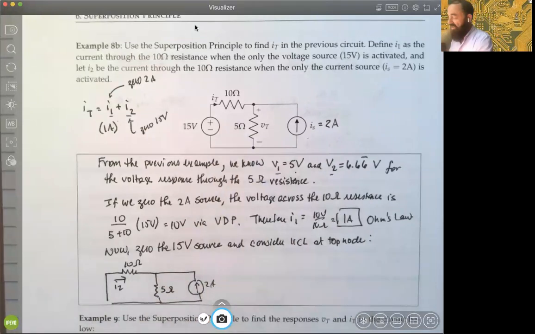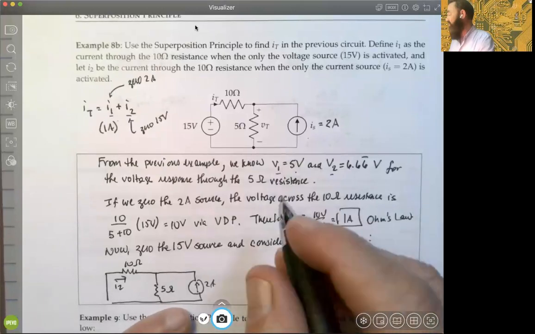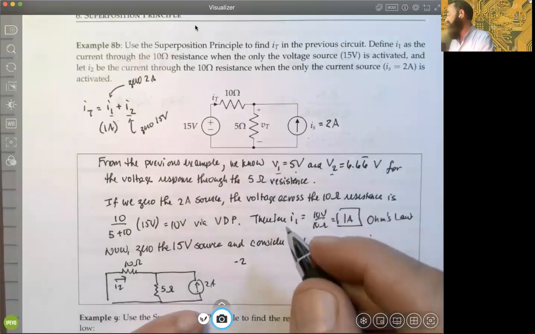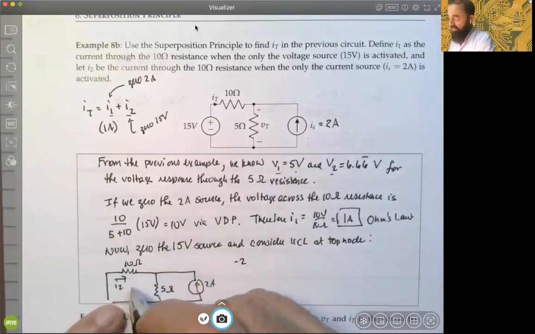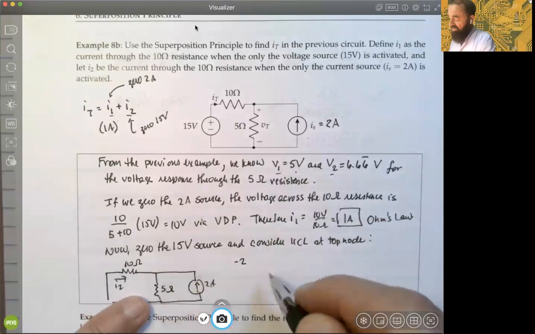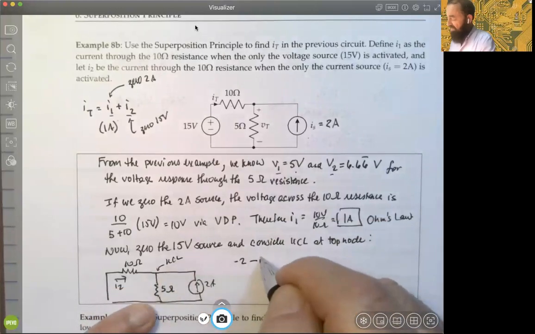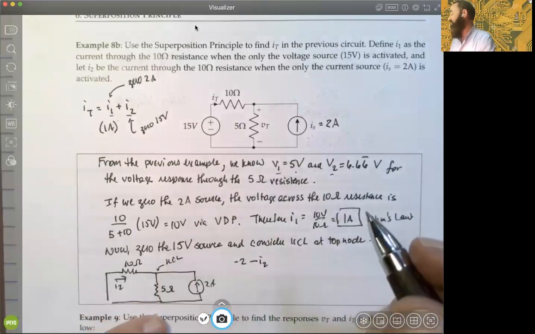All right, so KCL at the top node, let's do the sum of outgoing. You'd have -2 because that's an incoming. Well, if I represent I2 coming into the node in this direction, then outgoing, again doing KCL at the top node, I have the -I2, and then what else would I have?